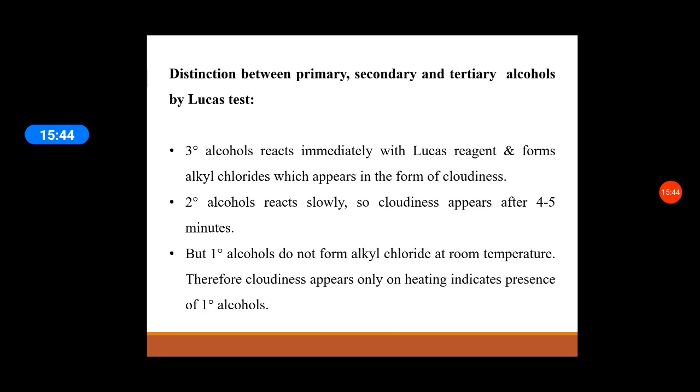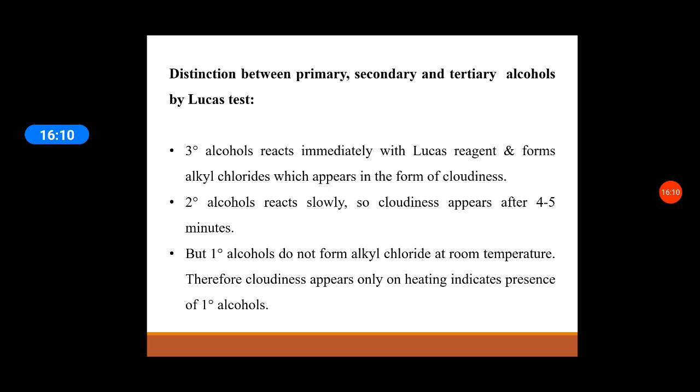This is why tertiary alcohols react immediately with Lucas reagent. They are highly reactive, react immediately with Lucas reagent and form alkyl chlorides. So the alkyl chloride formed appears in the form of white turbidity. Secondary alcohols react slowly, therefore turbidity occurs slowly.